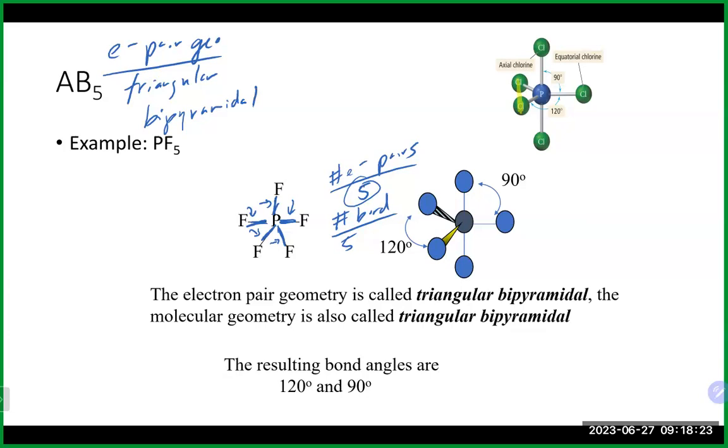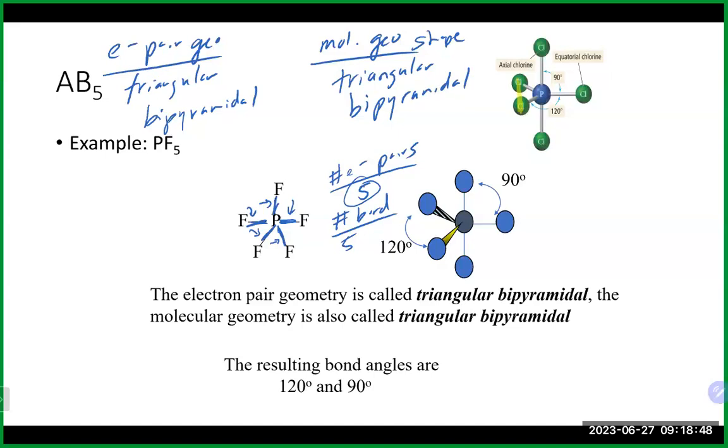Now we're adding even one more atom in there that's going to allow less space for everybody to spread out from each other. We're going to end up with a molecular geometry, or a shape, also known as triangular bipyramidal. It actually has 2 bond angles.